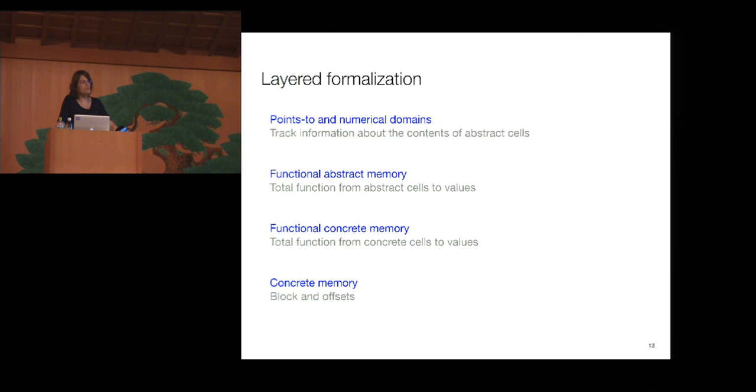In order to prove the soundness of our analyzer, we had to design two more layers in this formalization. These layers are explained in detail in the paper, but the idea is that we needed what we call the functional memory, a total function from abstract cells to values, and we need the same for concrete memory. So in the end, we have defined these three layers on top of the concrete layer of CompCert that we reused.